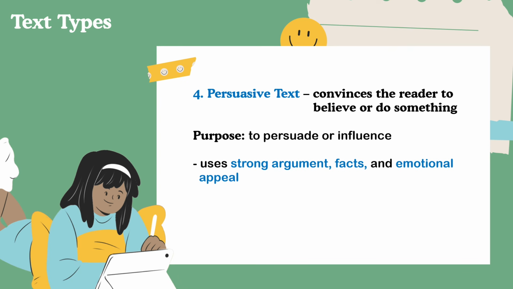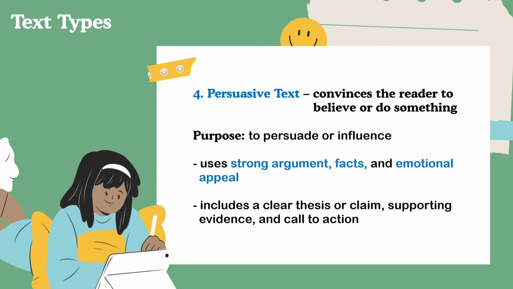The structure of a persuasive text includes a clear thesis or claim, followed by supporting arguments or evidence, and a call to action or conclusion urging the reader to agree with or act on the writer's point of view.